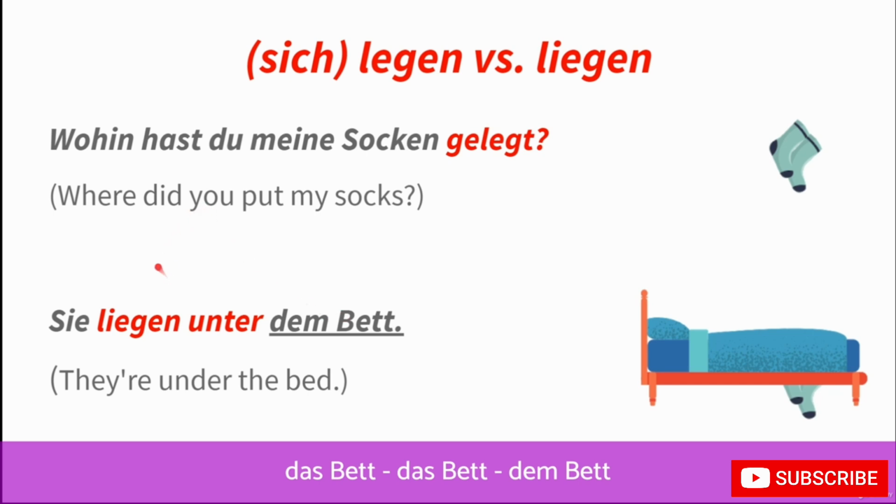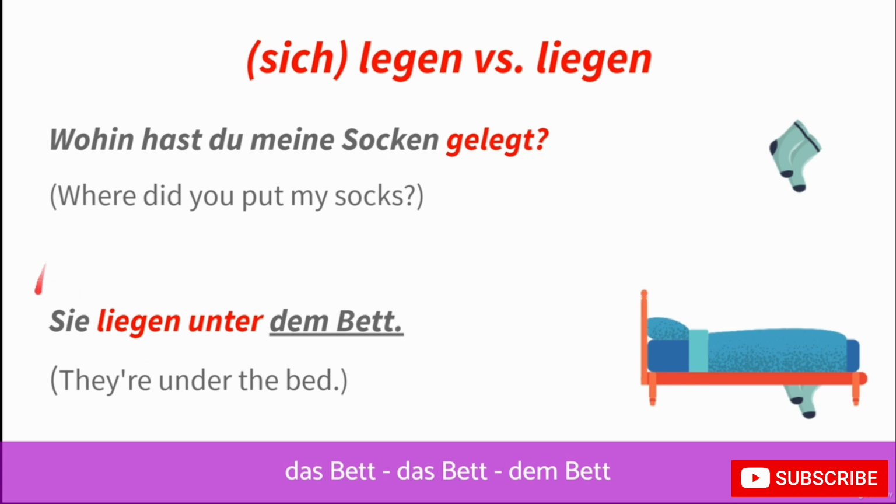The second one is not the answer of the first one because there is an action here. The answer includes also the verb legen, not liegen. When I ask, wo sind meine Socken? Where are my socks? Then liegen must be used.